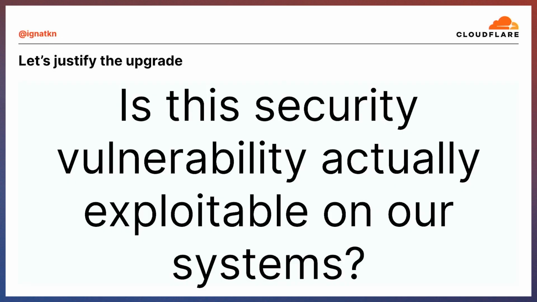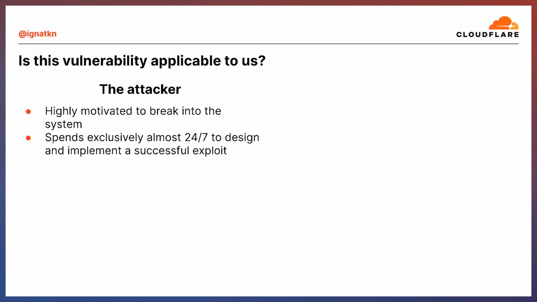Similarly, when you say there is a CVE and we want to patch it, they ask, can you prove this is really applicable to us? Is it exploitable on our systems? But the problem here is they're asking the question to the wrong person. Let's think about it this way. Imagine you're running a system with a CVE which is unpatched, and you don't really know if it is exploitable or not.